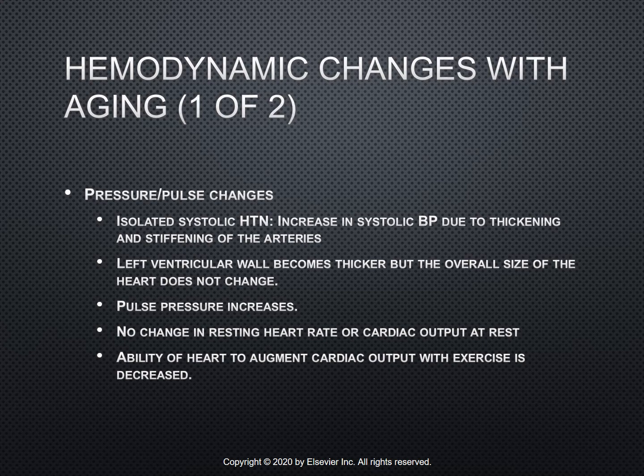The pulse pressure increases. So let me tell you what a pulse pressure is. This is the patient's systolic number minus the diastolic number. Okay, so it's the top number minus the bottom number.